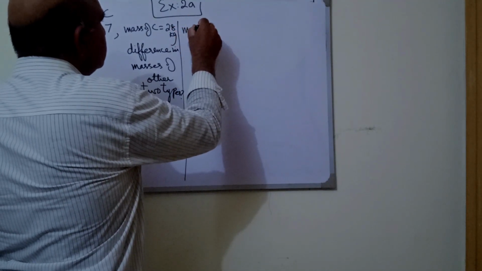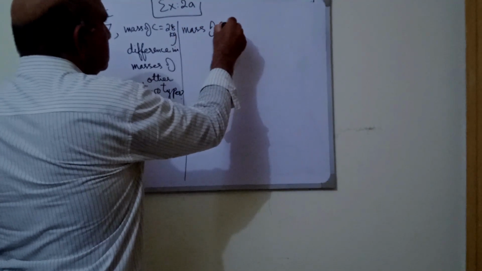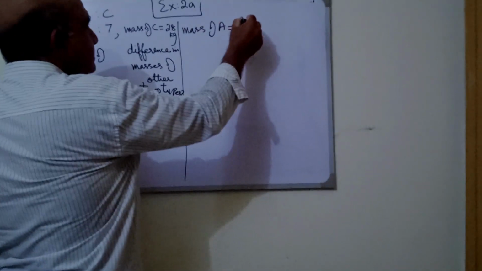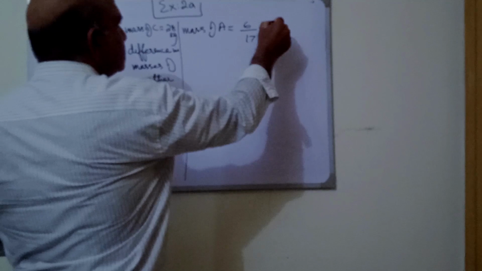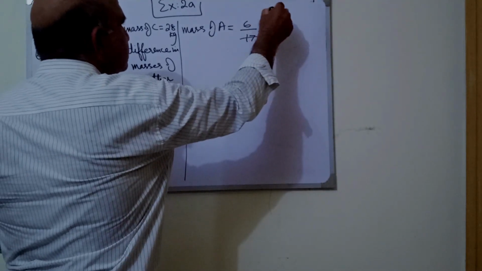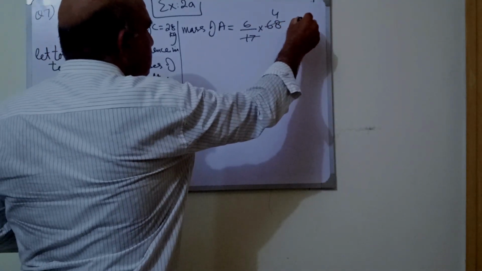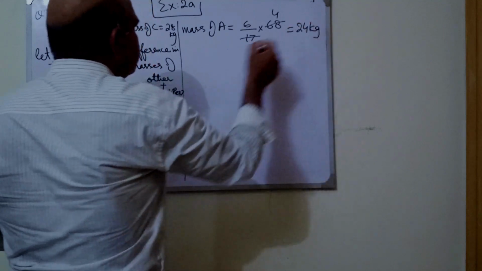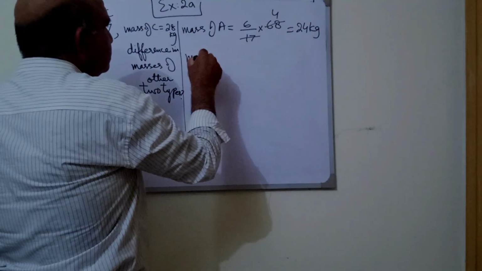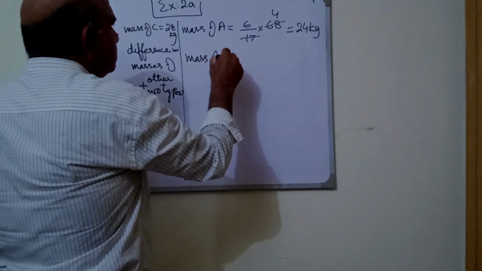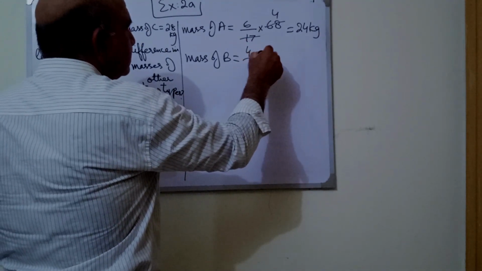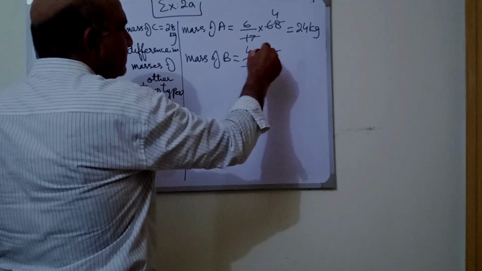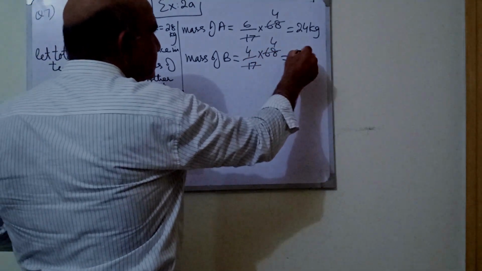Mass of A. So ratio of A is 6, sum of the ratio 17, into total 68. So 17 4s are 68. So it is 24 kg. Mass of B, this is 4 over 17 into 68. 17 4s are 68, so this is 16 kg.